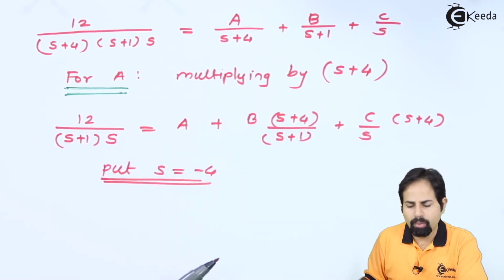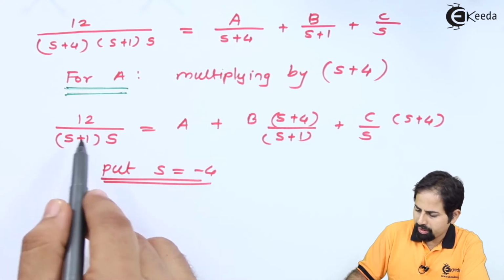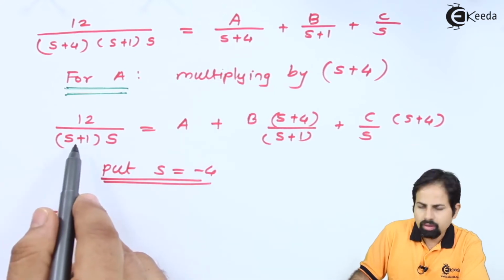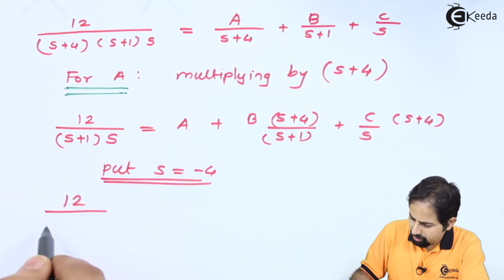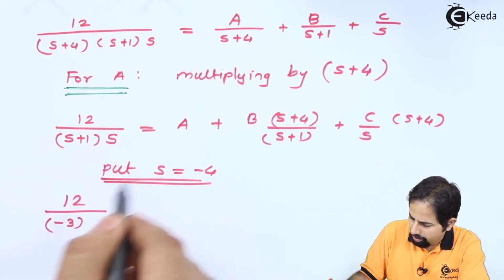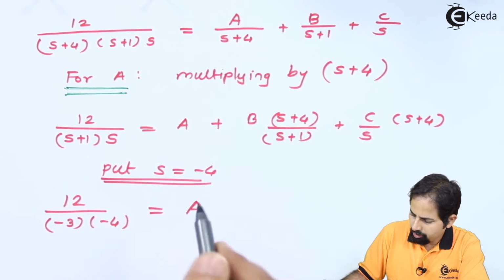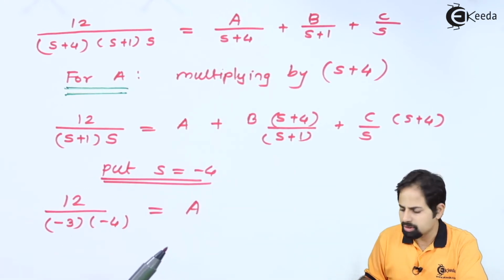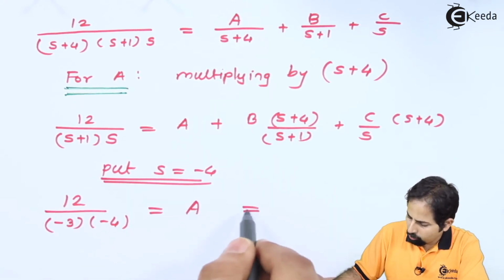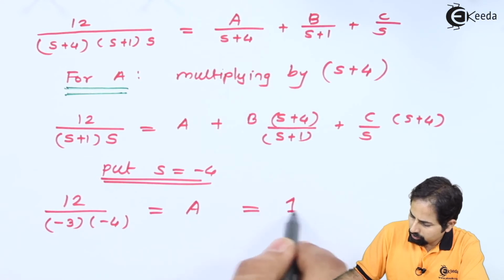So we'll put s equal to minus 4. So when I put it here, it becomes minus 4 plus 1, that is minus 3, and again s is minus 4, and the rest of the constants will become 0. So my a will come out to be 1.